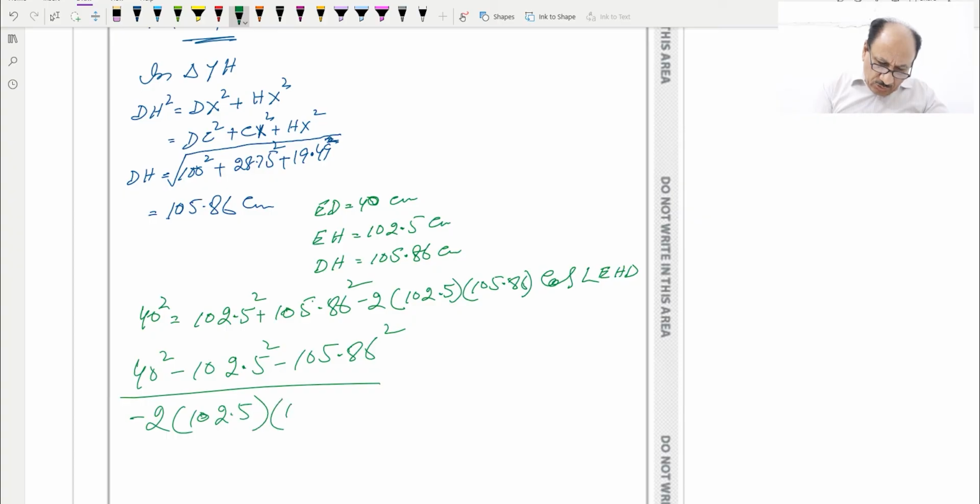102.5 into 105.86, and this is equal to cos of angle EHD.